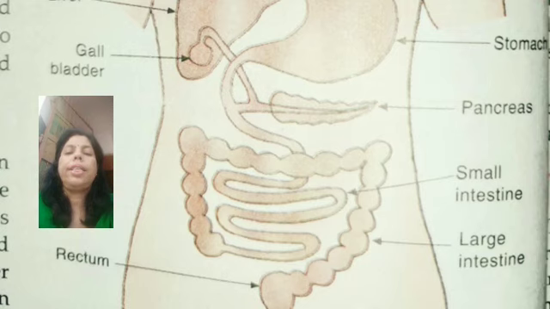The pancreas releases pancreatic juice which breaks down the food. The liver secretes bile juice, which is stored in the gallbladder and helps in the breakdown of fats into simpler food after it comes into the small intestine.